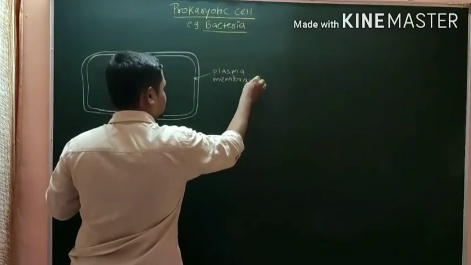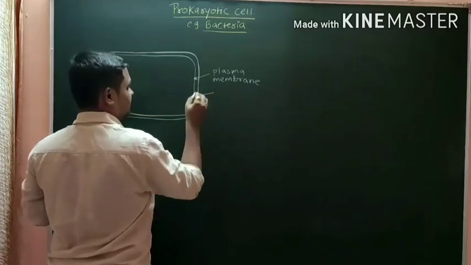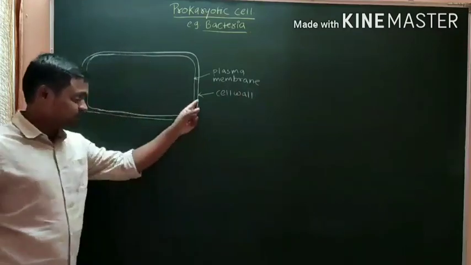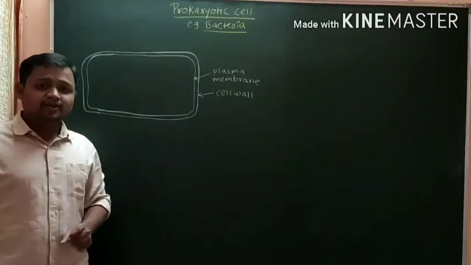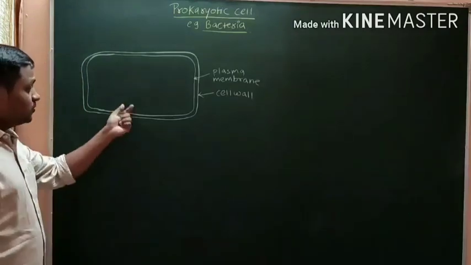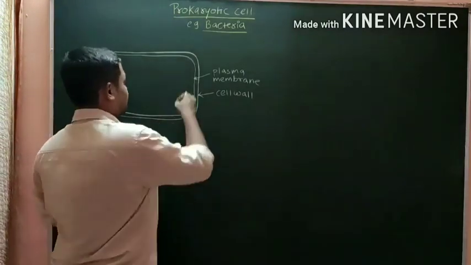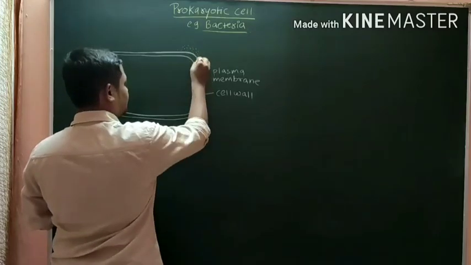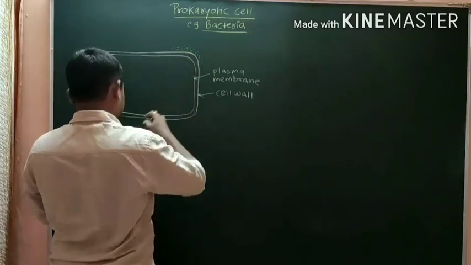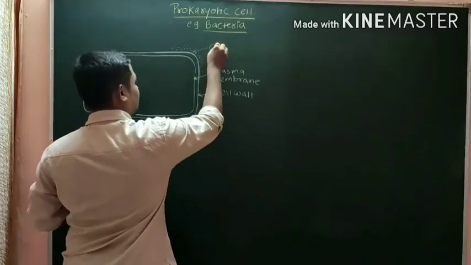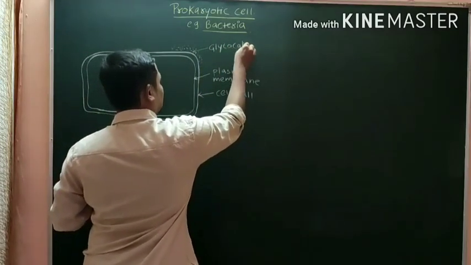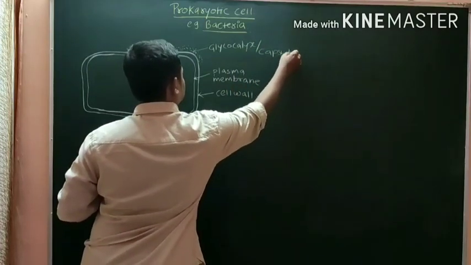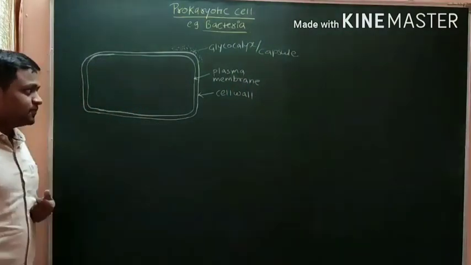In case of bacteria, the cell wall is made up of peptidoglycan. Outside the cell wall, there is a presence of slimy structure throughout the wall, and this structure is known as glycocalyx or capsule.